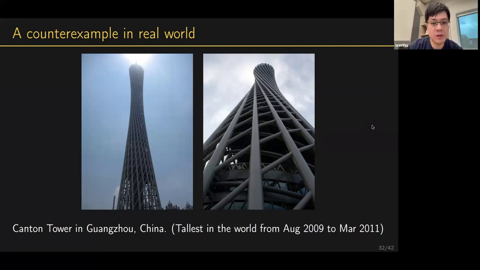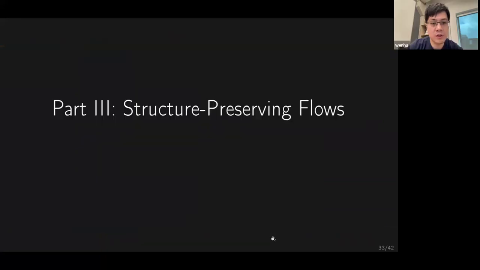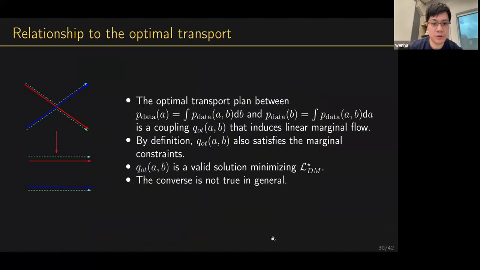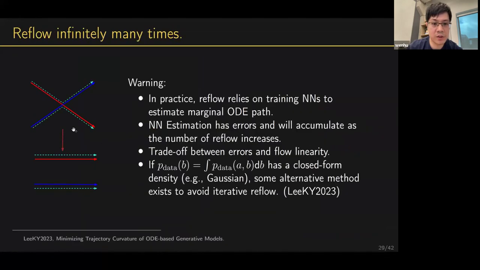To do reflow, we basically... So you calculate some expectations and stuff like that? Yeah, so basically for the first iteration, after coupling, starting from this point to this point, and with this point and with this point, I will have a marginalized ODE, and then I can use a neural network to learn it, right?